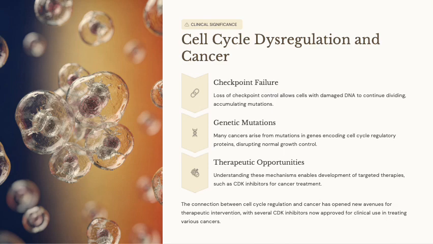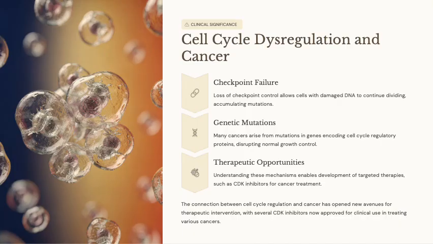Over time, this leads to the accumulation of mutations and increased genetic instability. Many cancers arise from mutations in genes that encode cell cycle regulatory proteins, including cyclins, CDKs, tumor suppressors, and checkpoint proteins. These mutations disrupt normal growth control and allow malignant cells to proliferate.